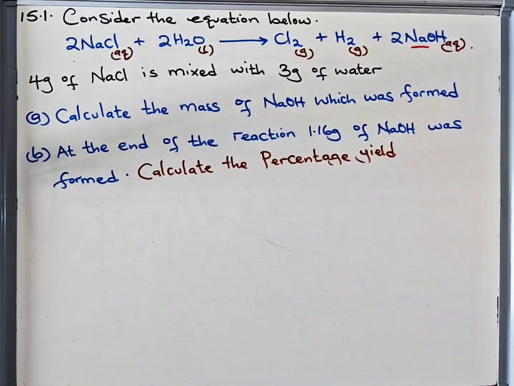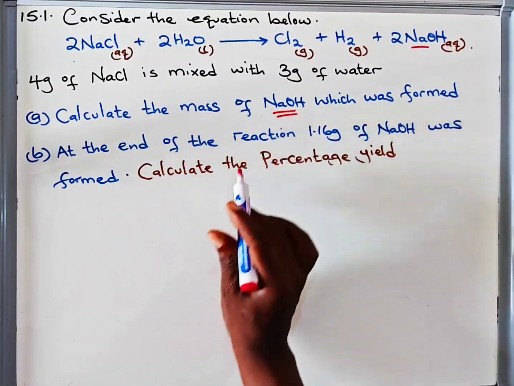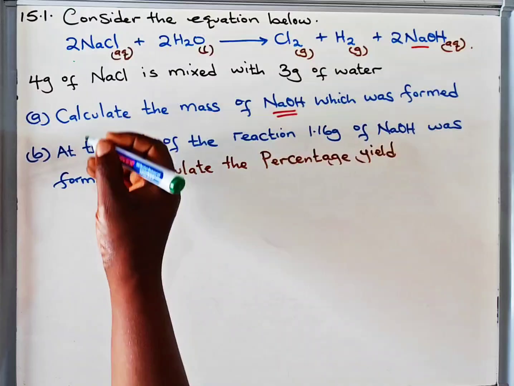After that, now we can come and answer this question. It wants the mass of sodium hydroxide which was formed. So where do we start from? You go back to the equation.